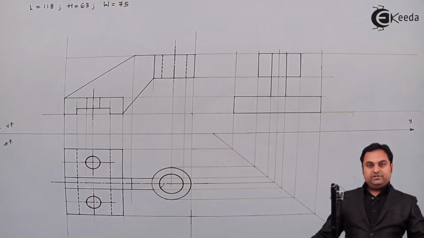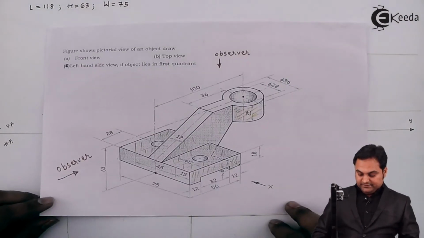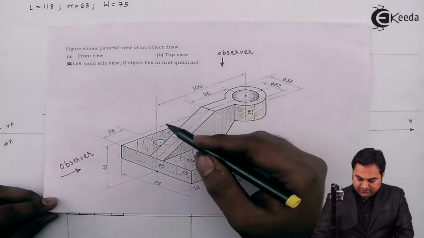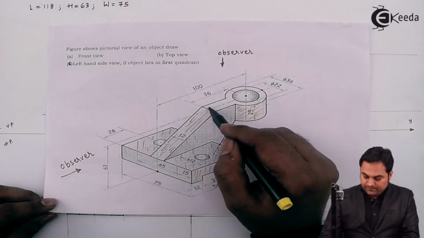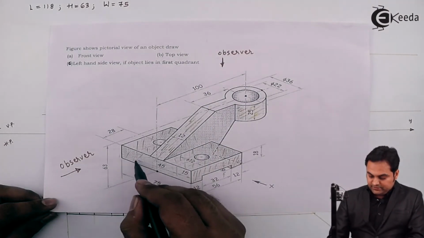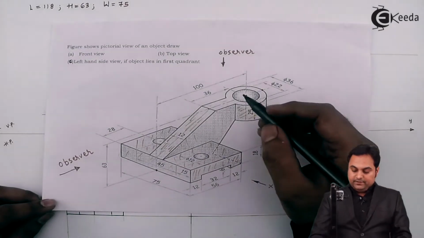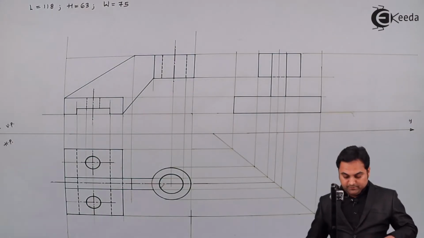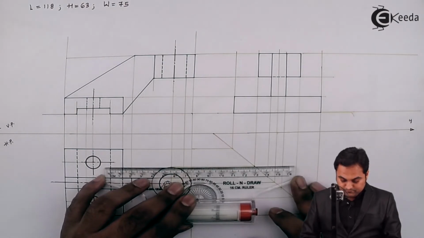So this is the cylinder which is visible from the side view, and then after that we can say that whatever visible part there was, we have already drawn, it is completed. This rib, this portion, cylinder, and this part. Now whatever we have to draw will be hidden. Like inside this cylinder there is a circle of 22 mm diameter, so that will be projected from the top view directly.